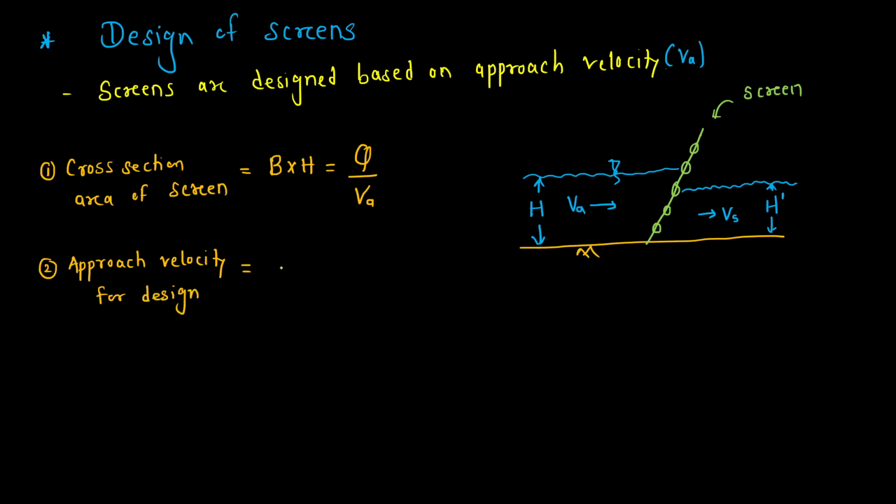So this will be taken from 0.6 meter per second to 1.2 meter per second. If we assume the depth h, these values are given in the code as 0.9 meter to 1.1 meter, so you have to assume some value in between.